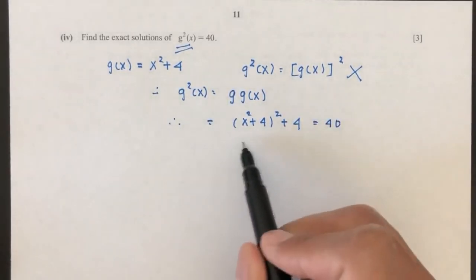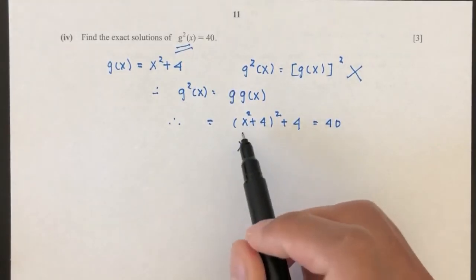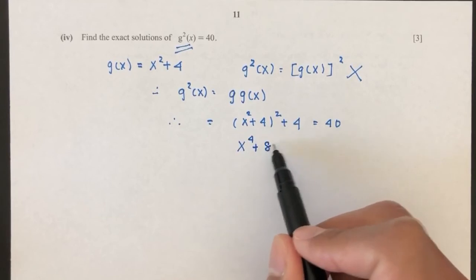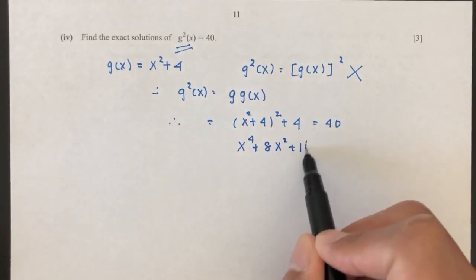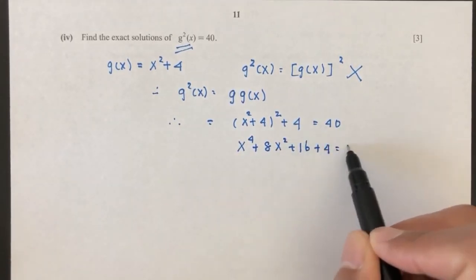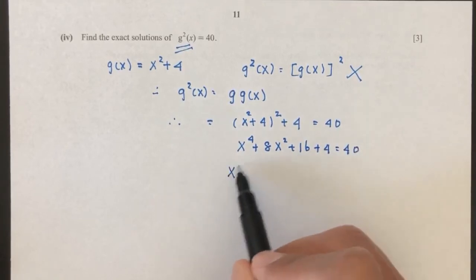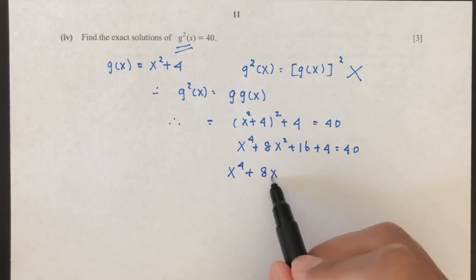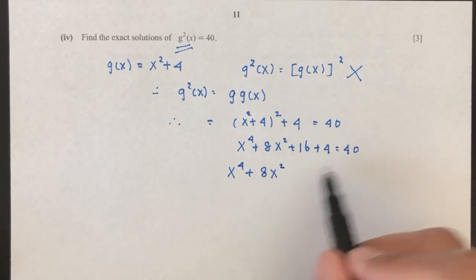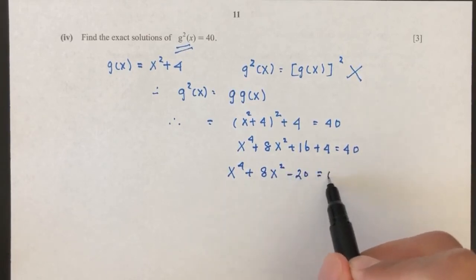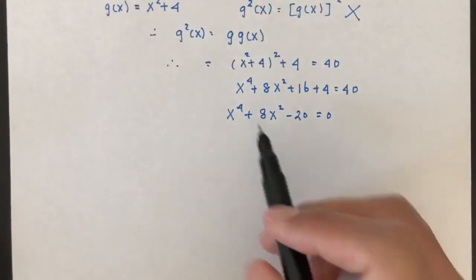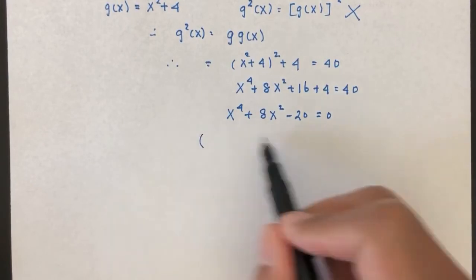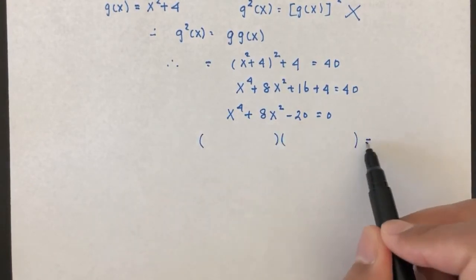So let's simplify. We have x to the power 4 plus 8x squared plus 16 plus 4 equal to 40. That will be x^4 plus 8x squared plus 20 minus 40, so minus 20. Now we can factorise it, so we can find the values.